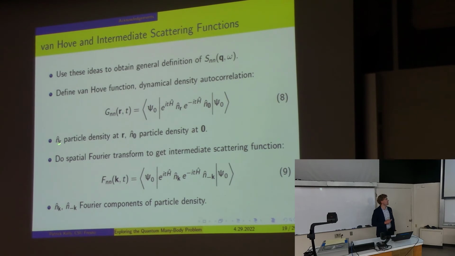These are just density operators for the number of particles per unit of volume at r and at 0. Do a Fourier transform, get this thing, the intermediate scattering function. It's a function of momentum and time, so it's maybe a little bit harder to interpret, but it's still useful.